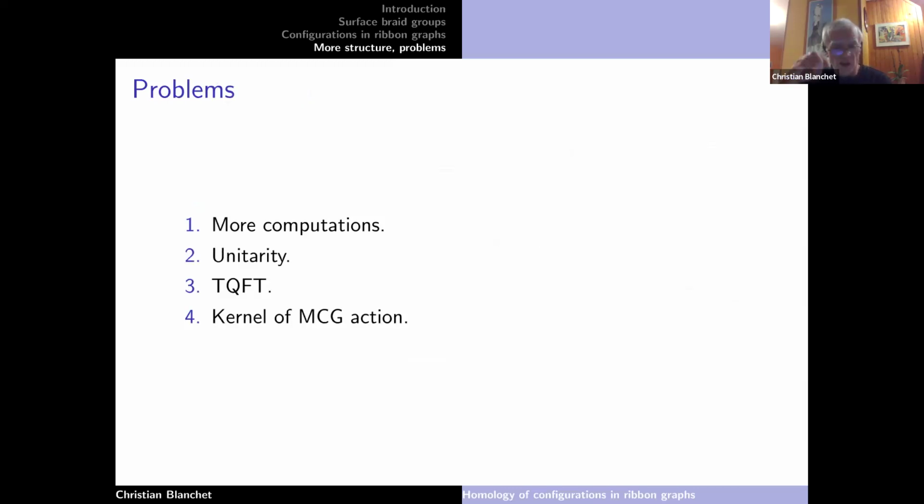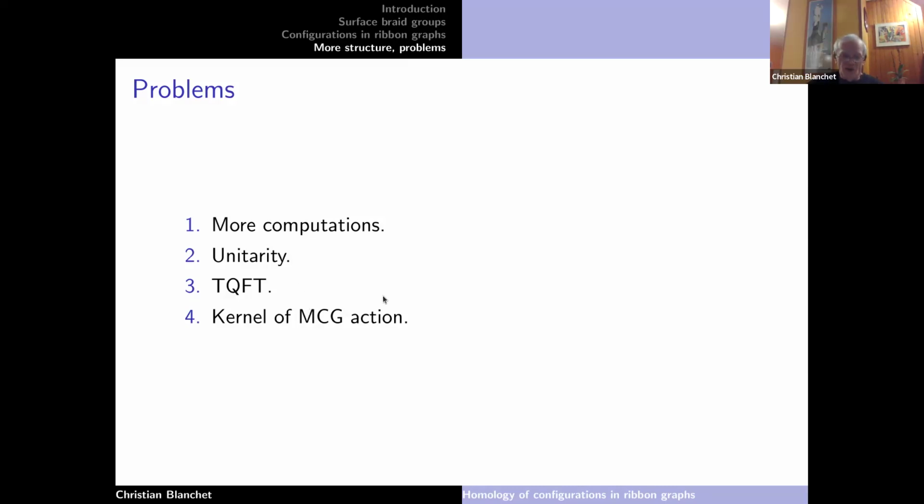So this time I will conclude with problems. Maybe more computation. We are interested in more computation. We would be interested in understanding, so we know now that there is an action of the mapping class group, or maybe a projective action of the mapping class group in certain cases. We would like to discuss if these representations are unitary. We would like to extend to TQFT, to a TQFT action.